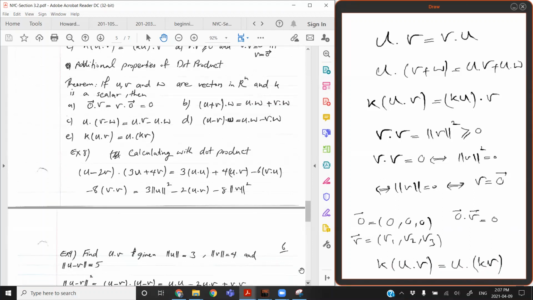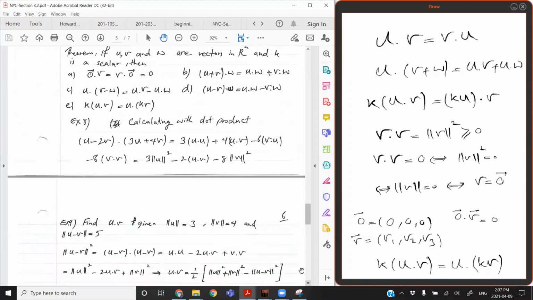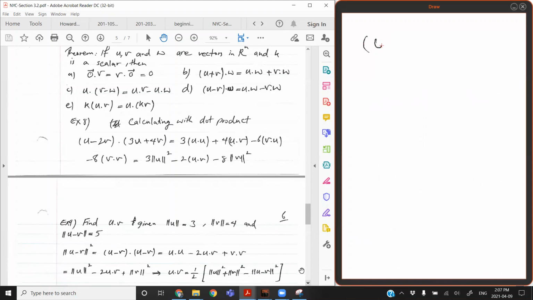So these properties allow us to do some algebra with the dot product. For example, if I want to simplify something like this, u minus 2v, which is a vector, times another vector, 3u plus 4v, I can use those distributive properties.